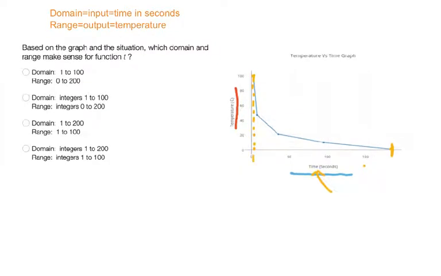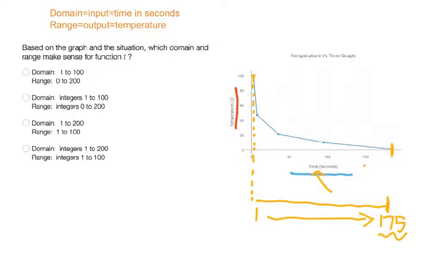So it starts from here and it goes all the way to here. All right, so what are those numbers? Well, it's not 0, so it's anywhere from, let's just say, greater than 0. So let's go from 1 all the way to maybe 175. I don't think it's 200, so let's just go 175 or thereabouts, all right?